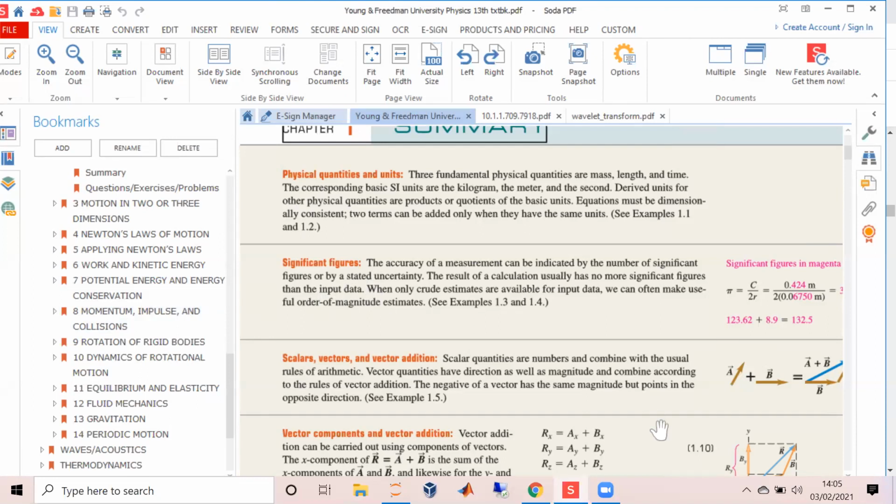Okay, work is measured in joules. It's important, this concept. A joule is defined as the work done by a force of 1 Newton acting over a distance of 1 meter, okay? So joule is related to force and distance. That's important to know.